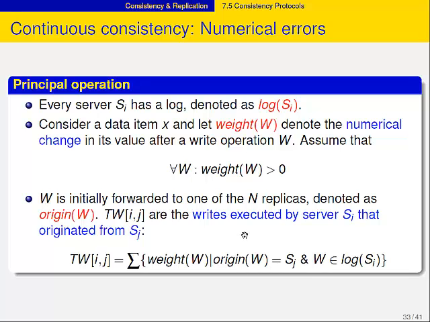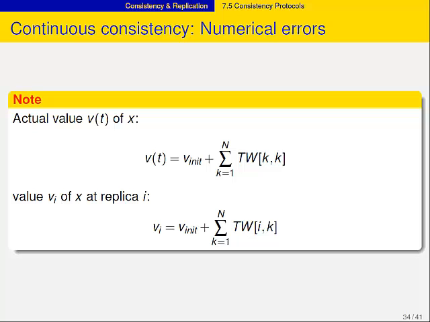Okay. This was simple. Now let's take a look at our actual data. I'm going to look at a single data item X, and the actual value, which I denote as V(t), t is a time, is this thing. What is that thing?